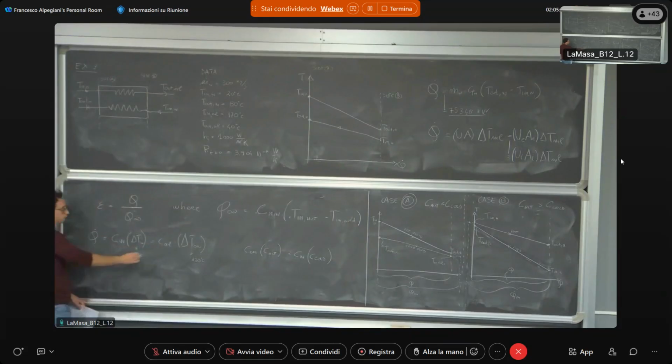So in this case we have a higher delta T, so the heat capacity of the oil must be lower to have the same heat. Instead, in this case, 60 times something higher could respect the thermal power, okay?